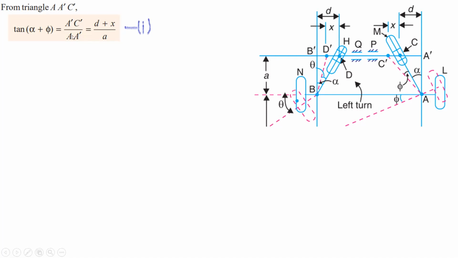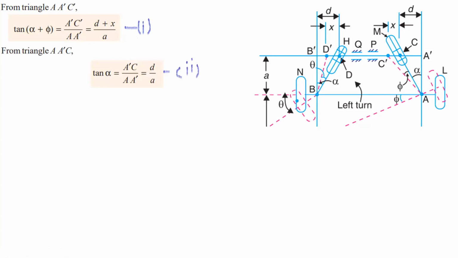What is A dash C dash? This distance A dash C dash is D plus X. X is the amount by which you have slid the rod CD, D plus X. And A dash A distance is equal to a. Similarly, you can write other relations.